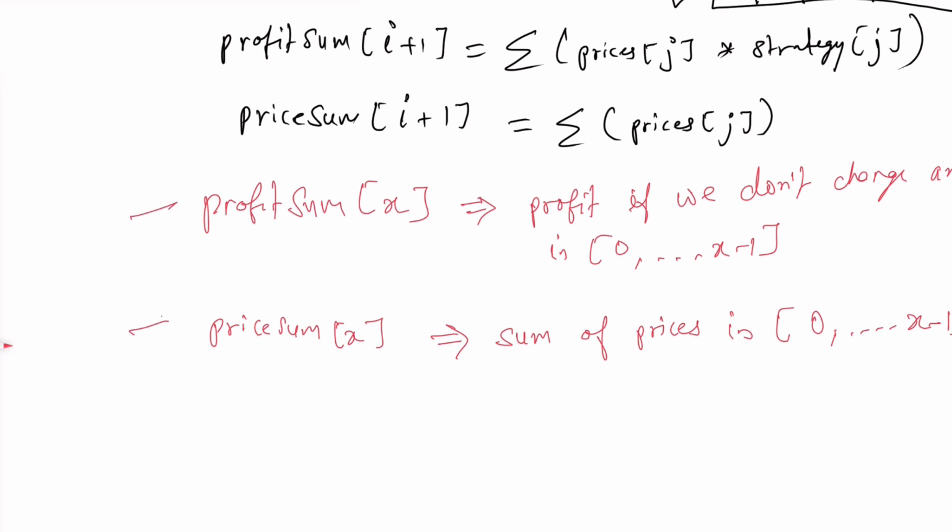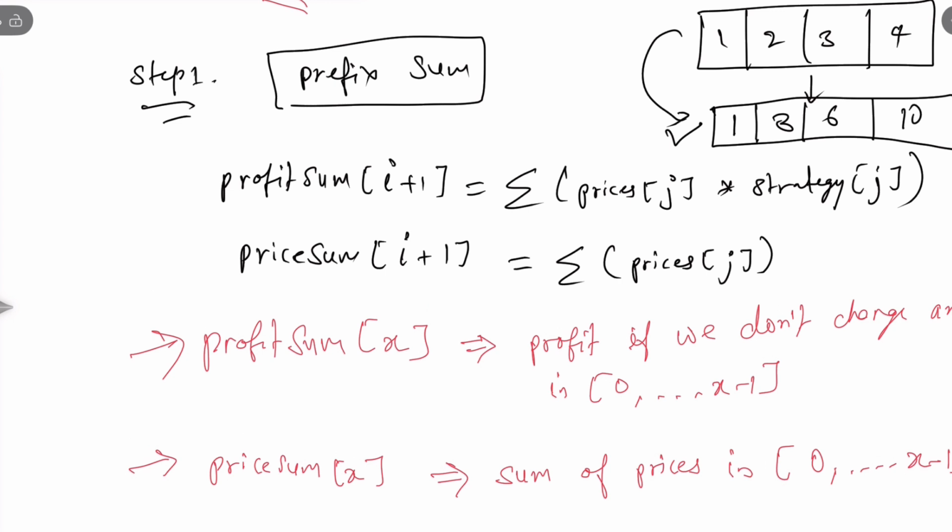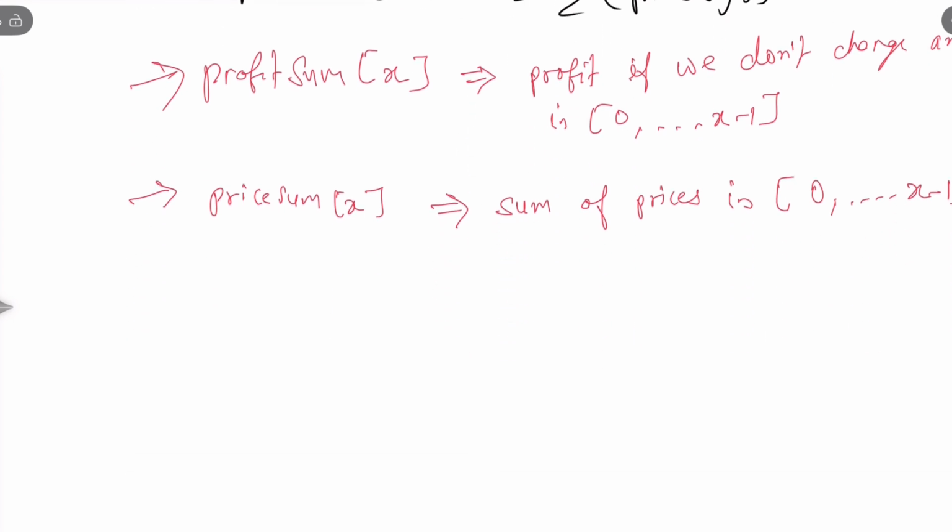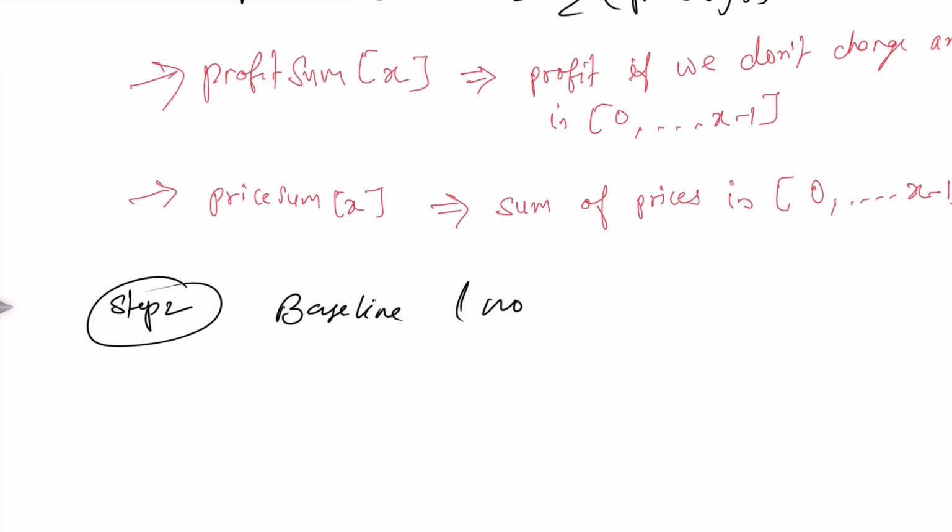So we should understand what these things are. Coming back to here, the very first step is to find the prefix sum. Then in step 2, what we want is a baseline where no strategy change happens.